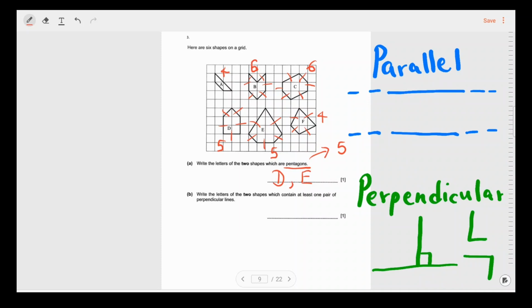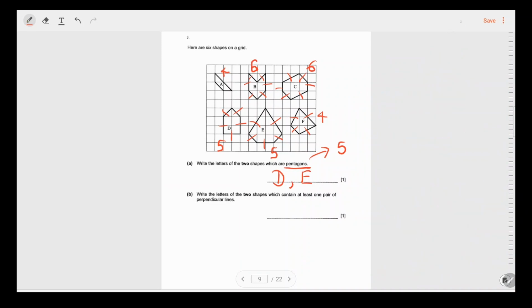So if we look at the shapes, the question says two shapes which contain at least one pair of perpendicular lines. So we have over here a right angle, so that's one. And then we also have a right angle over here. No, that looks slightly bigger than a right angle. Oh, we have a right angle over here.